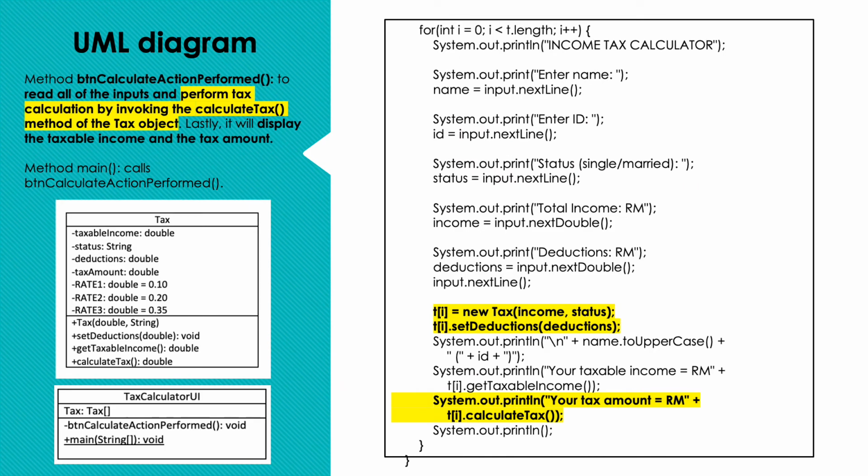Okay, going back to the question, it says after we have read all of the inputs, we need to perform tax calculation by invoking the calculateTax method of the tax object. So remember that we have defined and created our tax object, and it is an array with 3 elements.